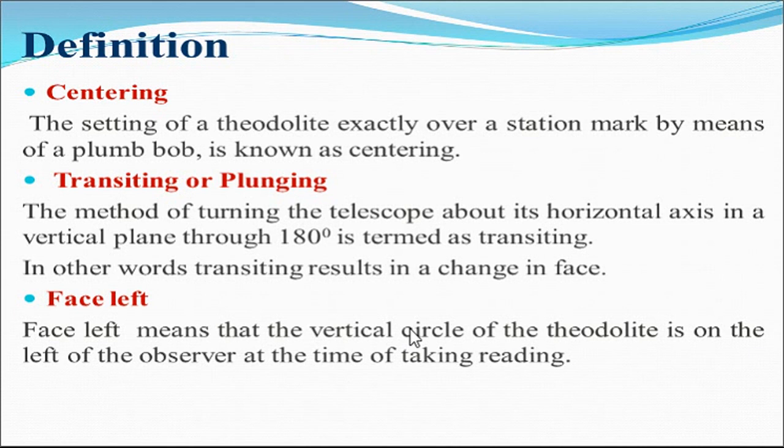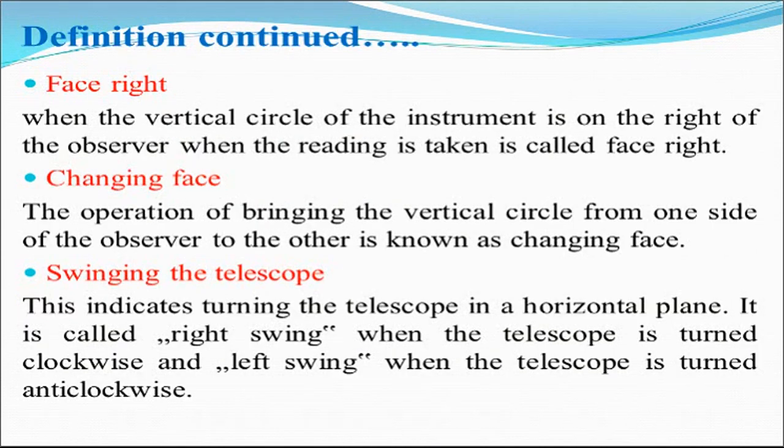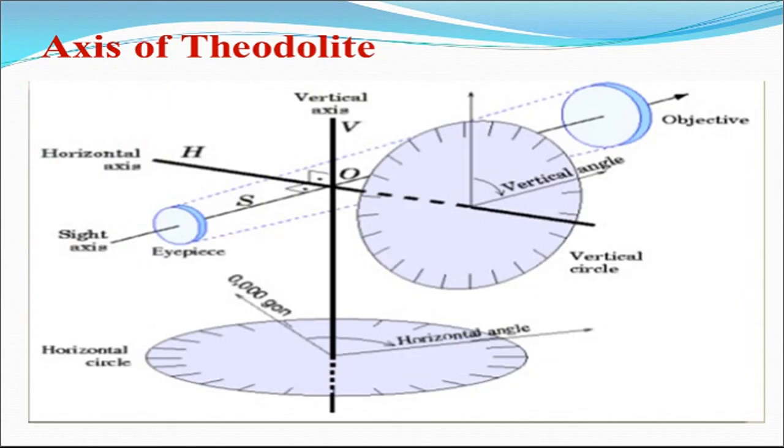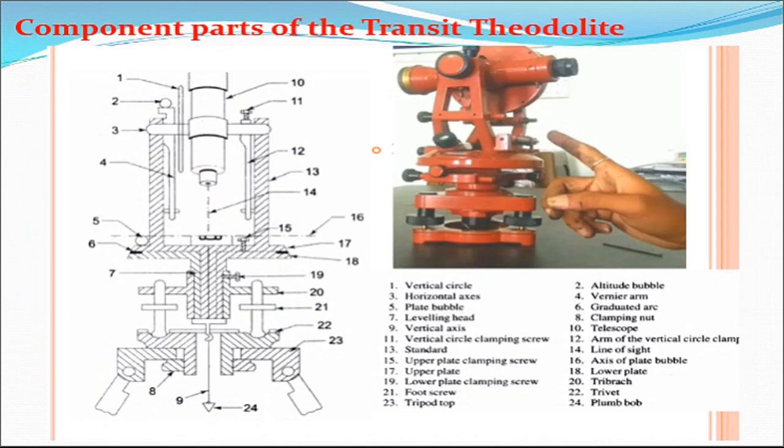Now face left and face right, these are the two terms. Face left means the vertical circle of the theodolite is on the left of the observer at the time of taking readings. You can see in this figure, this is the vertical circle.